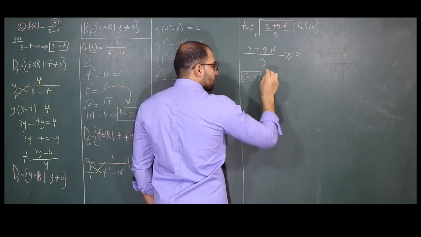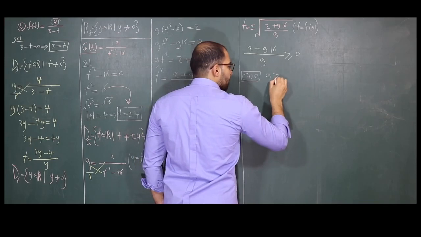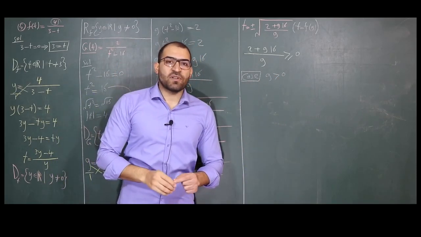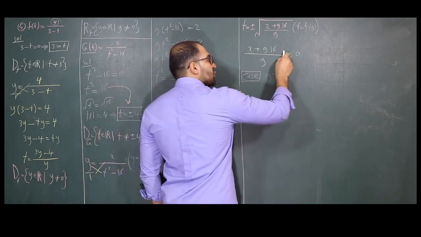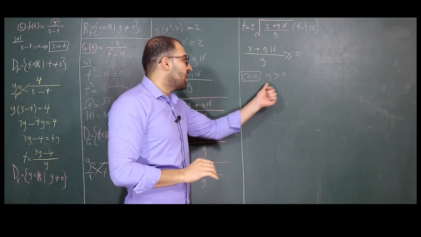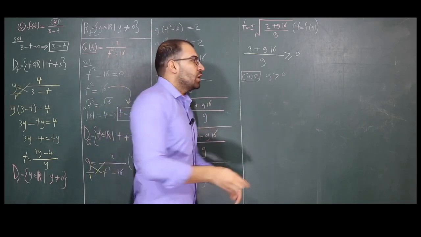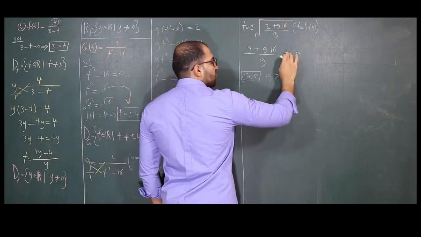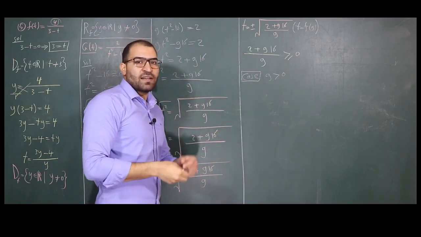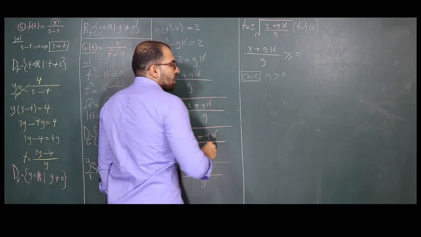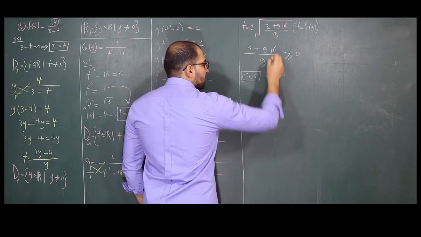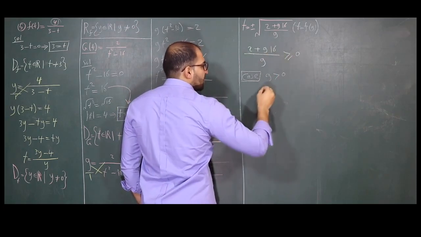Case 1: G could be positive, because when I multiply the inequality by a positive number, the sign of greater than or less than is preserved. But if I multiply by a negative value, this relation changes: greater than or equal changes to less than, and vice versa. So I will assume now that G is a positive number, and I'm going to multiply both sides by G.